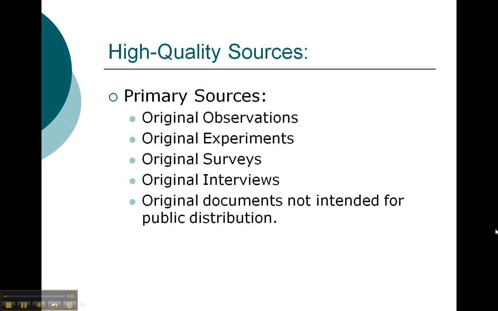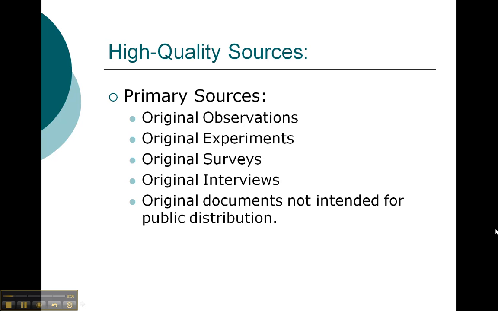The first thing that falls under high quality sources is primary sources. That's original documentation collected either as part of research or as part of just doing the paper or just collecting data in general, which is not written up in a way that you would present to the public.